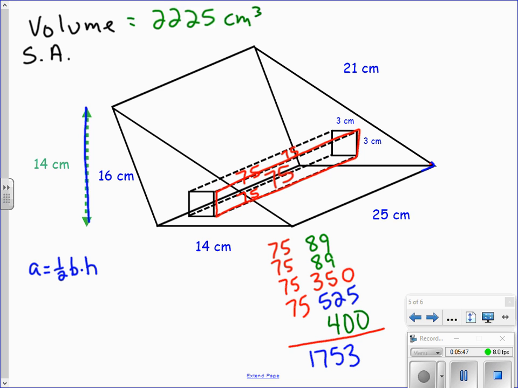As long as I didn't mess that up on my calculator. I'm not going to double check it, but I'm assuming that I didn't. Centimeters squared, because now I'm in two dimensions because I made it flat. So there we have the surface area and volume of this triangular prism with a square prism cut out of it.